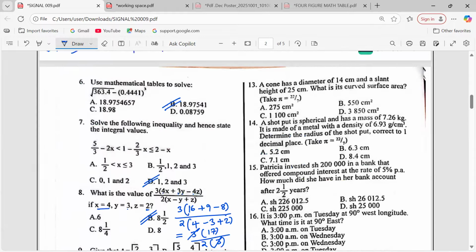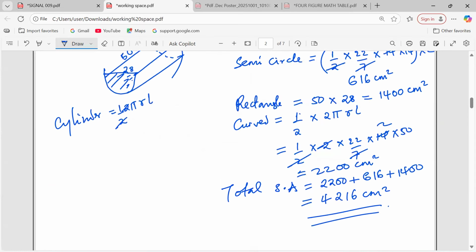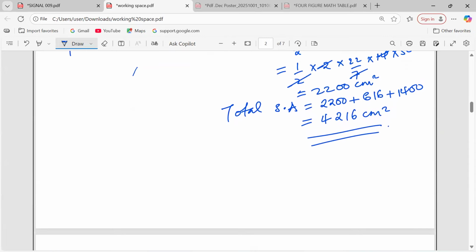Up to number 13. Now, a cone has a diameter of 14 centimeters and a slant height of 25 centimeters. What is the curved surface area of the cone? So this is the cone, diameter 14, slant height 25.